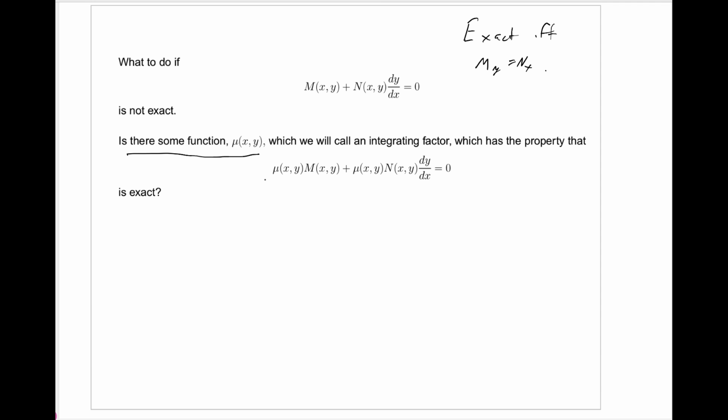In other words, maybe it's true that the partial with respect to y of mu times M must equal the partial of mu times N with respect to x.